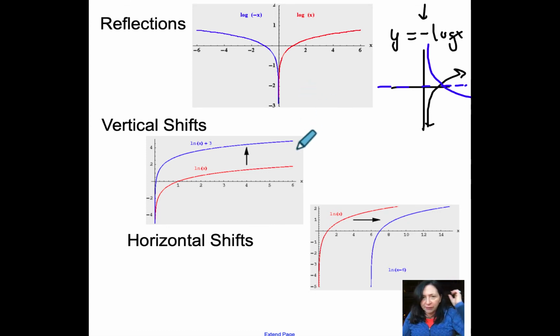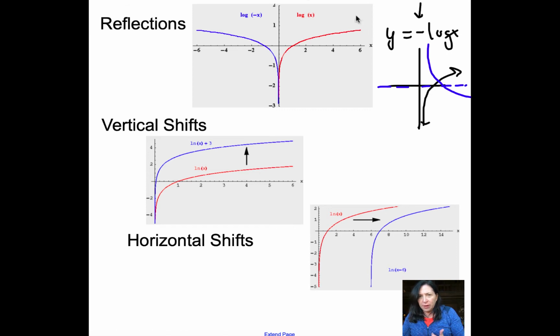A vertical shift takes my graph and moves it up or down. If I was talking about this graph right here, and I had a vertical shift of 2, that's going to move everything up 2 units, just like that.